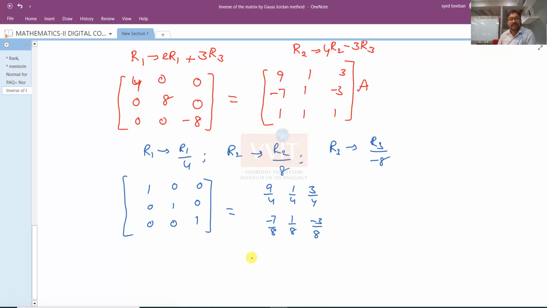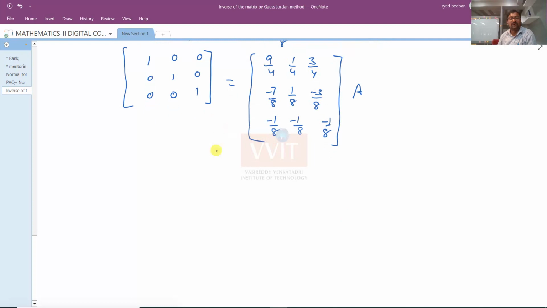Third row with minus 8: minus 1 upon 8, minus 1 upon 8, minus 1 upon 8, times A. But if you don't want to maintain these fractions inside, then do one thing: 1 by 4 and 1 by 8, here 4 and 8 can be taken common.